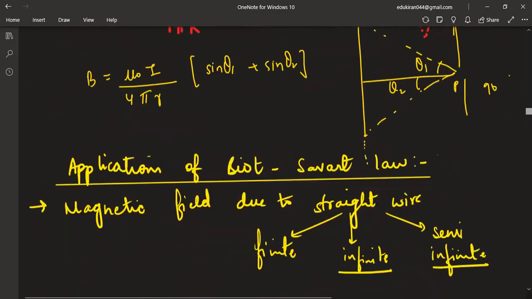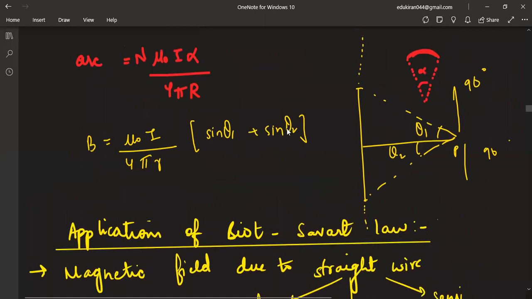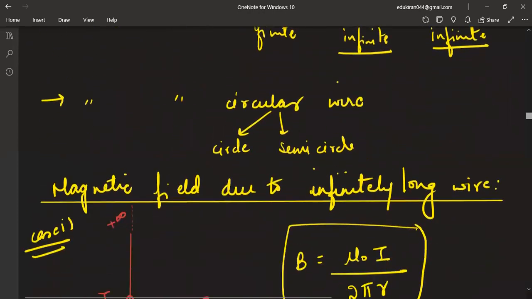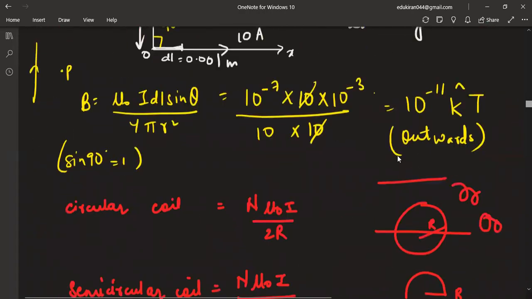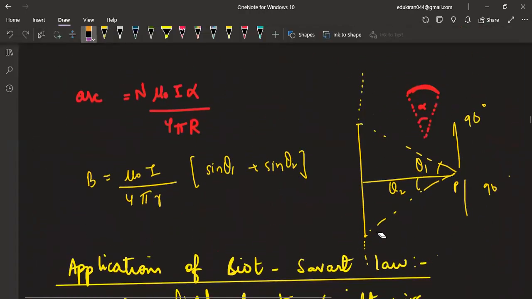So this is a general formula, and we can see the cases for infinite wire and semi-infinite wire. In the semi-infinite wire, we get 4 pi R. How? Because in a semi-infinite wire, only one end is present, making an angle of 90 degrees, whereas the other end is not present.